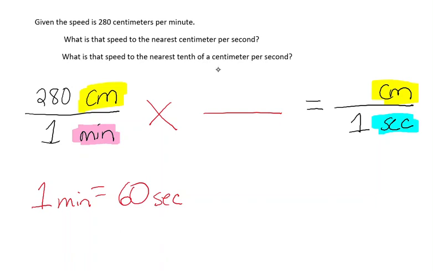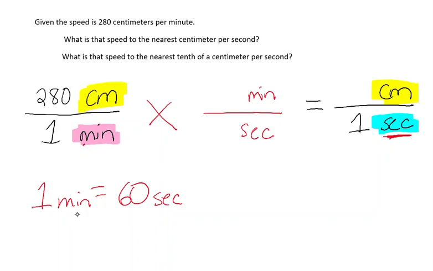We need to decide, how do I set up the conversion factor so that minutes cancels and I'm left with seconds on the bottom. Since minutes starts off on the bottom, I need minutes on the top so that it cancels. Since seconds ends on the bottom, I need seconds on the bottom.